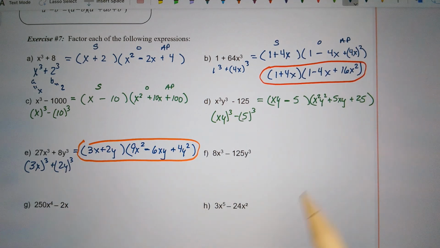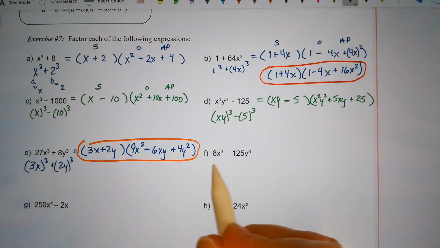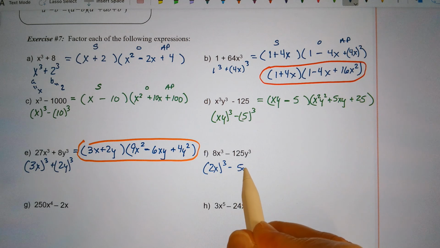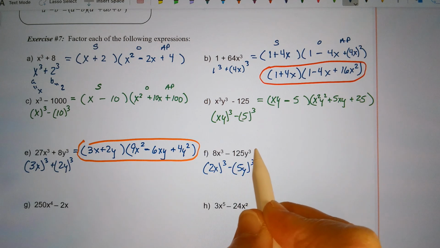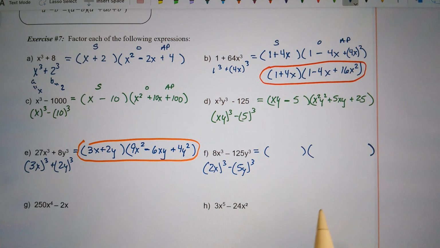F, nothing common there. This is 2x cubed minus 5y cubed. So binomial times the trinomial.